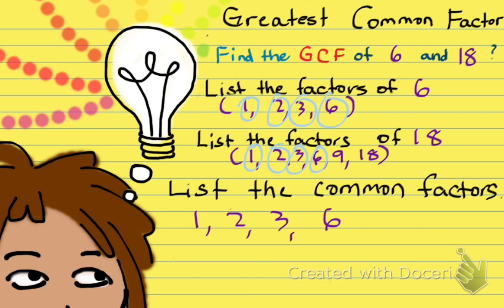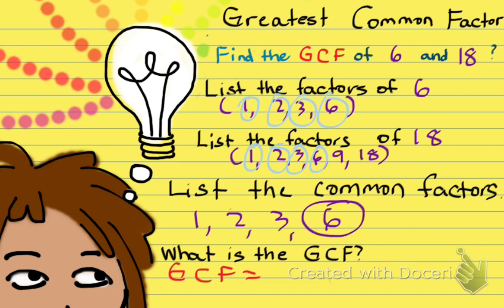All right. Now what is the greatest common factor? So the GCF is 6. So the greatest common factor of 6 and 18 is 6.